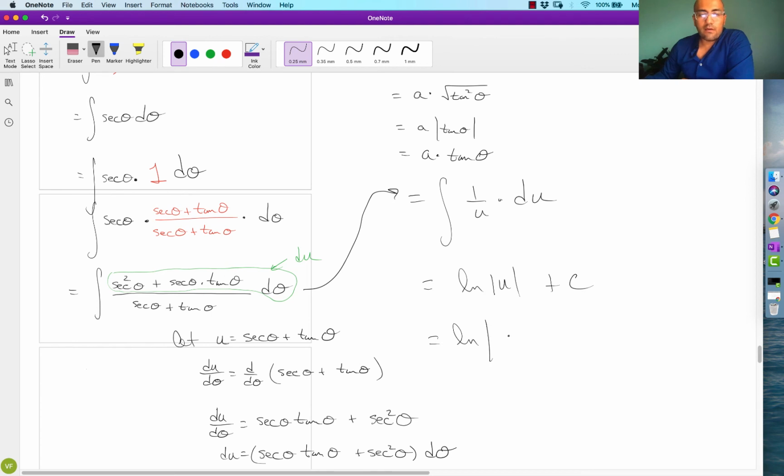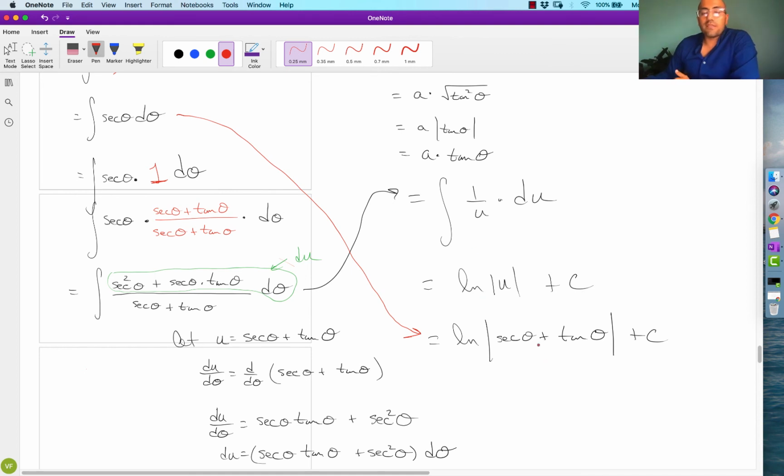It becomes ln of the absolute value of secant theta plus tangent theta, plus a constant. So if you remembered it from here, it's perfectly okay to go from here and say, oh, okay, I memorized it, and then you just go from there to there. Or if you don't remember that, maybe you'll hopefully remember at least this little trick of multiplying it by the perfect version of 1, and then that leads you within a few steps to this thing.